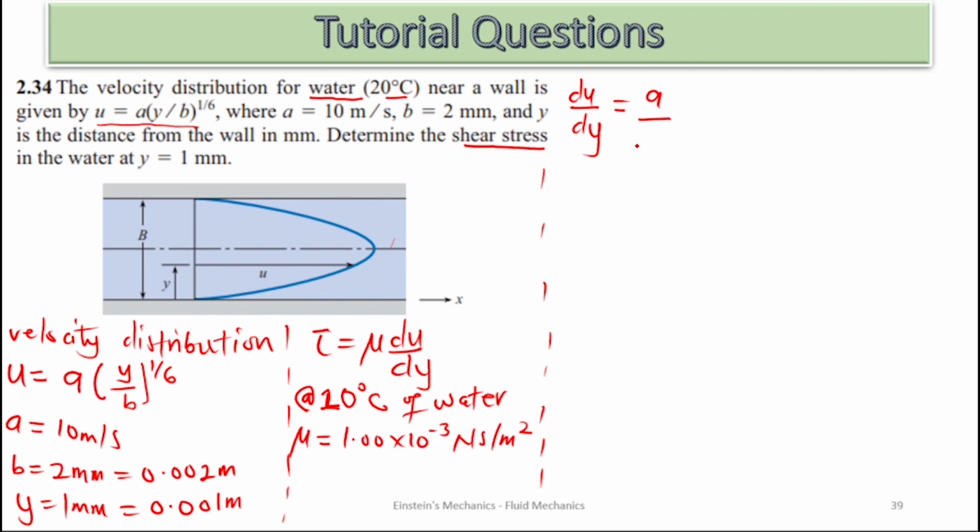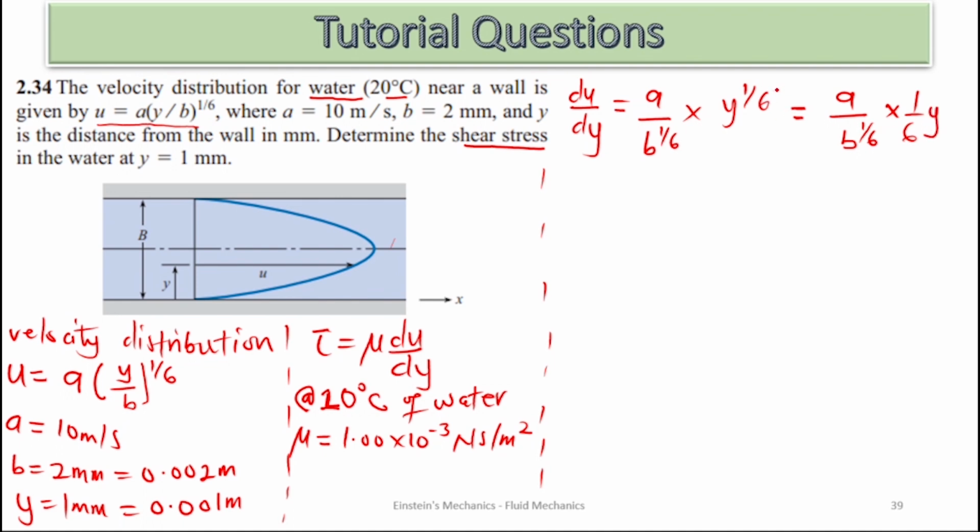So this is the same thing as a on b to the power 1 on 6 multiplying this y to the power 1 on 6. So this is what I'm going to differentiate. And when I differentiate this, I am going to get a on b to the 1 on 6 multiplying 1 on 6 y.